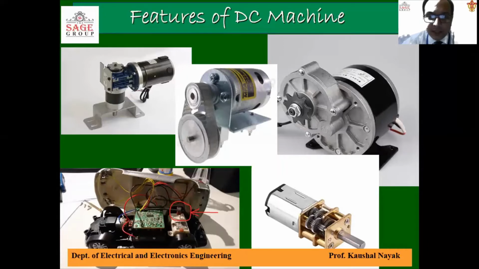But with the advancement in technology, in the range of kilowatt and megawatt, if it is a generator, these DC machines are replaced completely by alternators. And in case of motors, they have been completely replaced by induction motors.